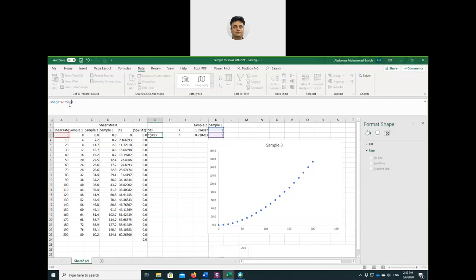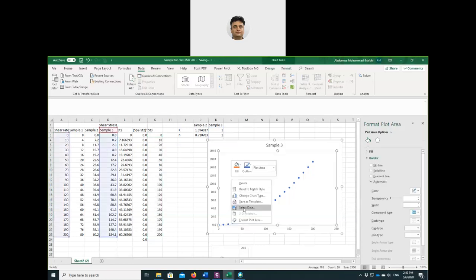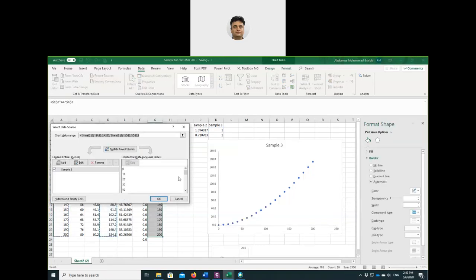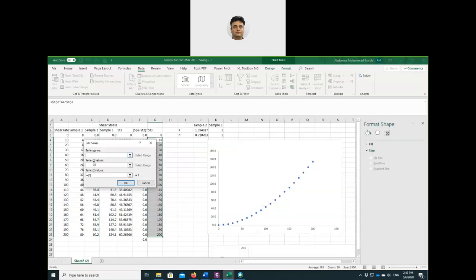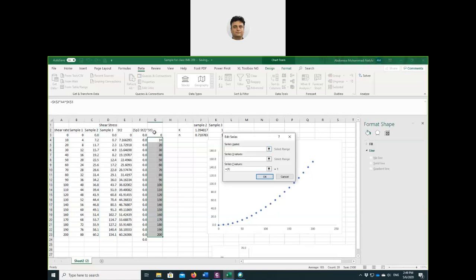Okay. Next, copy and paste here. And I want to draw this one for you. Add series name, I want ST3 and X is the same. Y is here.